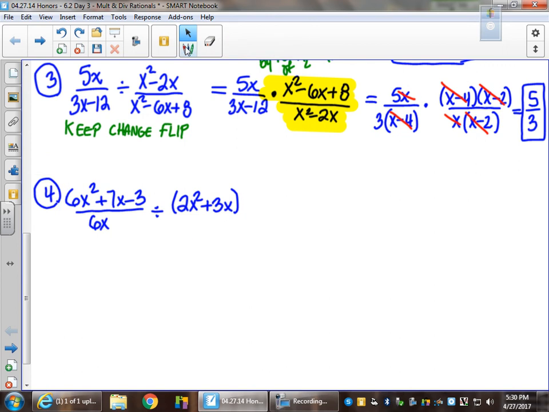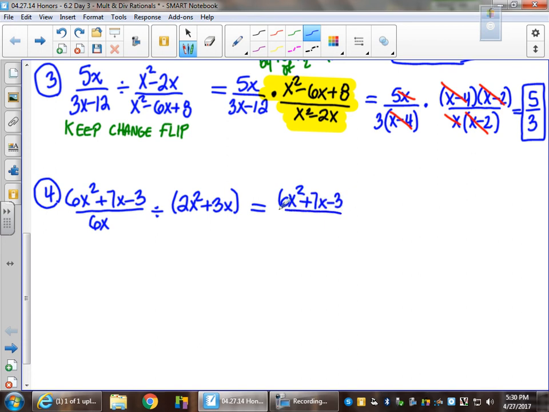We have division. The very first thing we're going to do before anything else is turn this into multiplication. Keep the first fraction the same. And now you finish turning this into multiplication, and we'll see if we match what we write. So look at what we just did in number 3 and decide what's going to come next.